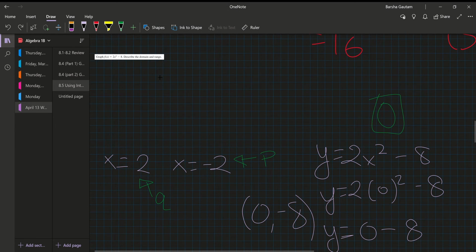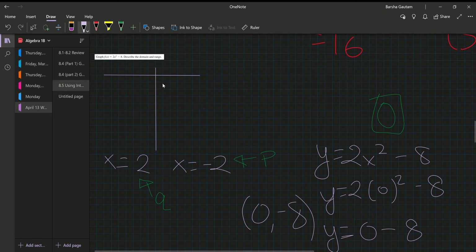Go ahead and try to make a graph on your own while I do this. Okay, so we're going to go by increments of 2 for this one.